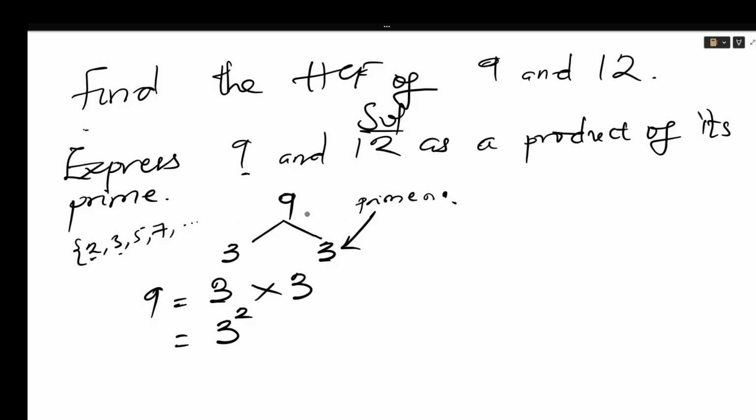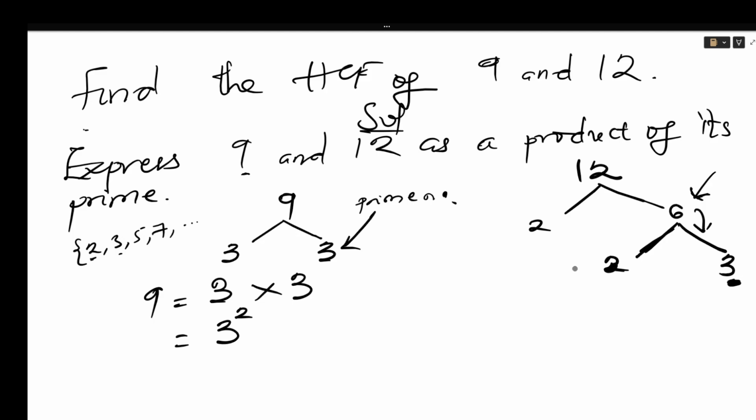Good. Expressing 12 as a product of its prime, I can use 2 to divide 12 into 6. Because this is not a prime number, I have to continue with my division. I can use this same 2 to divide 6 to get 3. But because this is a prime number, we end over here.